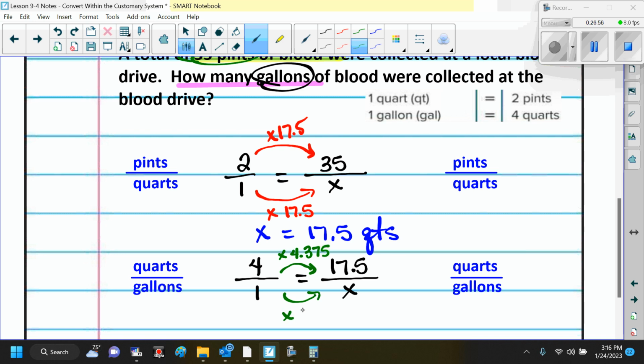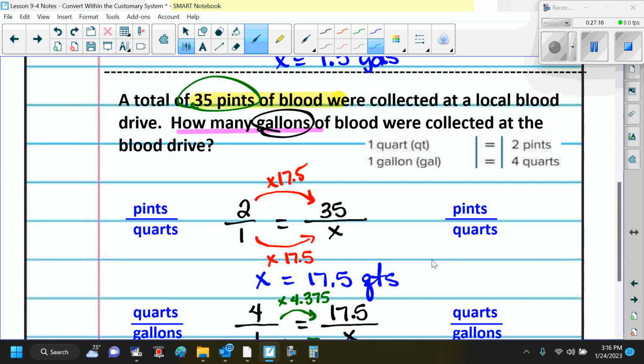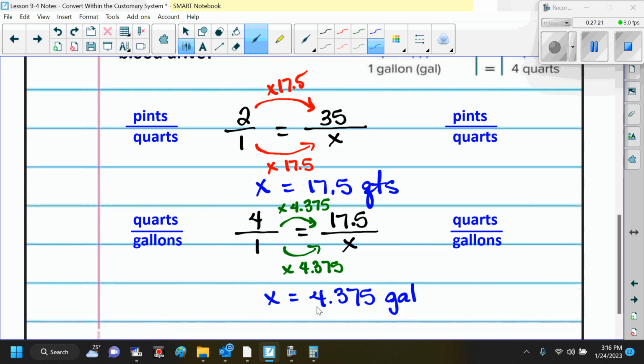So we're going to multiply times 4.375. And, of course, that's 1 times that, right? So what is x equal to? 4.375 what? Gallons. Is everybody clear? So this tells me that 35 pints of blood is equivalent to 4.375 gallons.